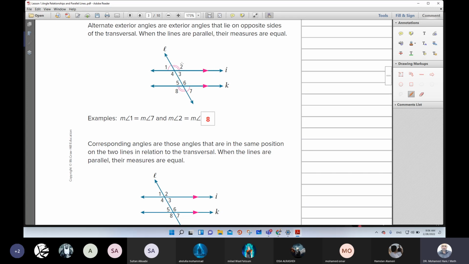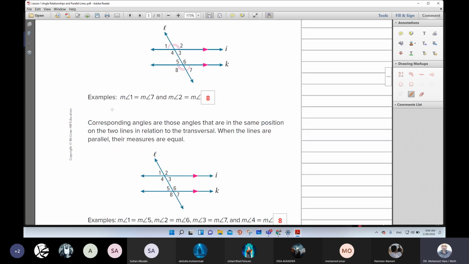So we have 2 and 8, and 1 and 7. Here, the name of these angles is alternate exterior angles.